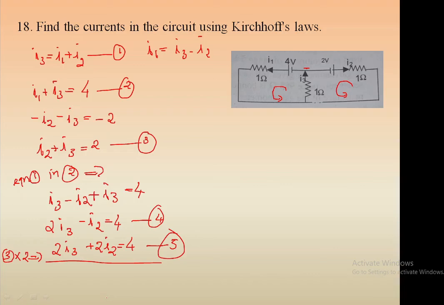If we add, we do not get a cancellation. Let us subtract, and 2I3 will cancel out.